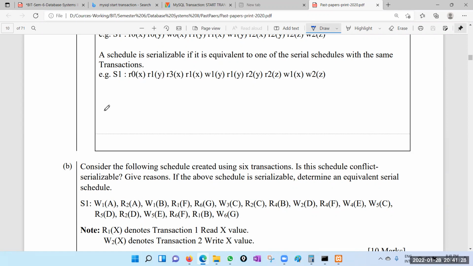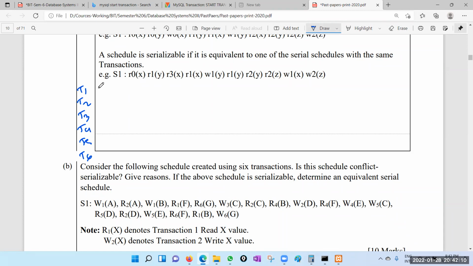Say write 1A, write A. Say transaction 1, transaction 2, transaction 3, transaction 4, transaction 5, transaction 6.